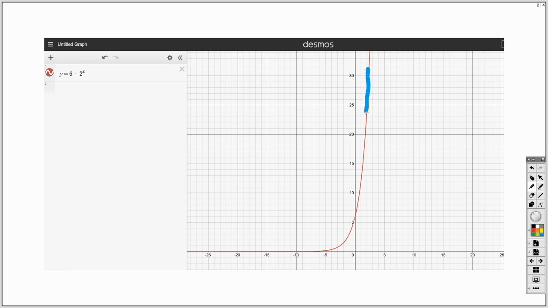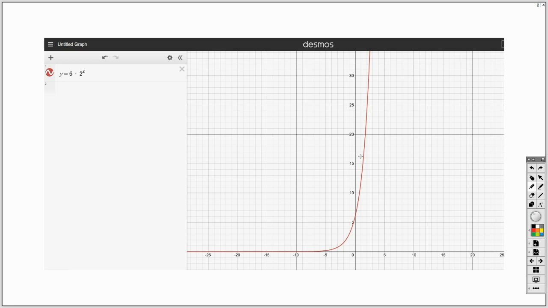You can tell it's easily curved. Since it's exponential, meaning that it multiplies by 2 in our case, we won't get a straight line.